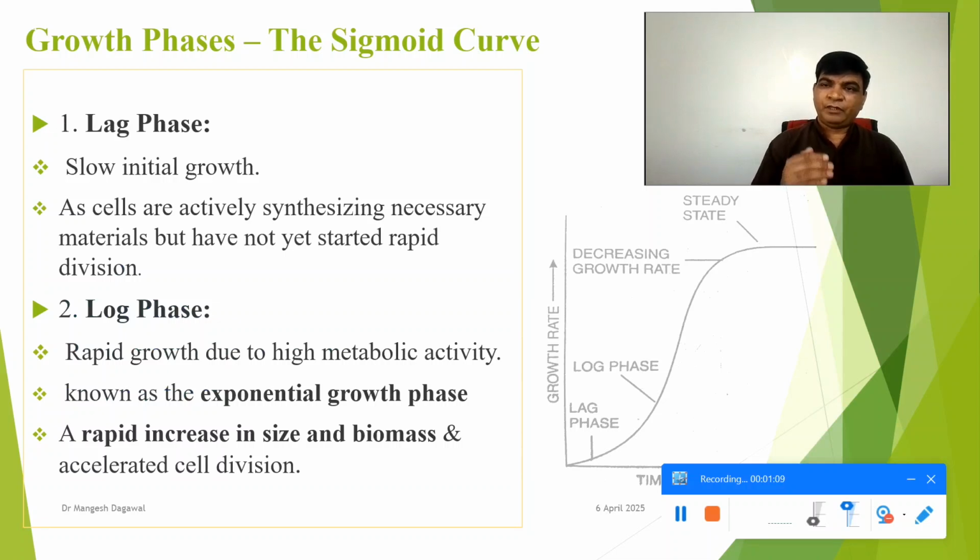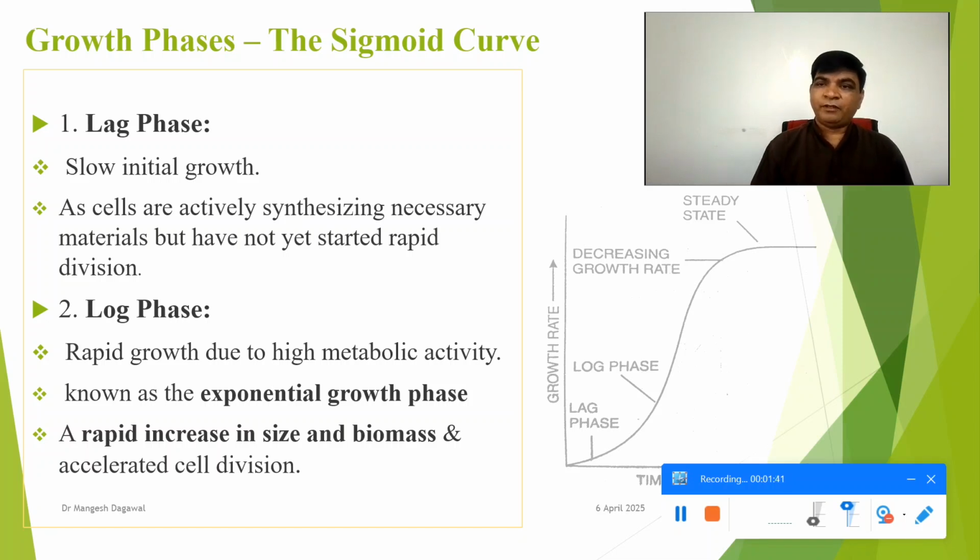Whenever there is growth of the plant, it becomes slow during this step, as cells are actively synthesizing necessary material but have not yet started rapid cell division. There is just the beginning of cell division, an increase in the cell number during the first step. There is not a rapid cell division. It is just the beginning of the growth of the plant.